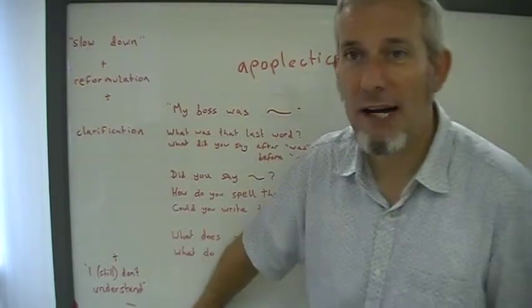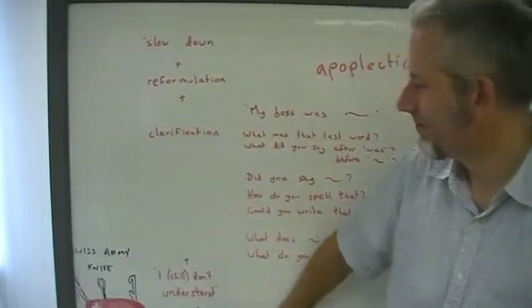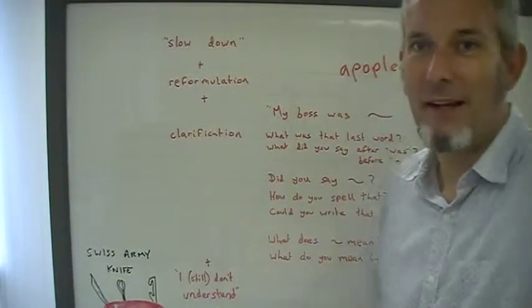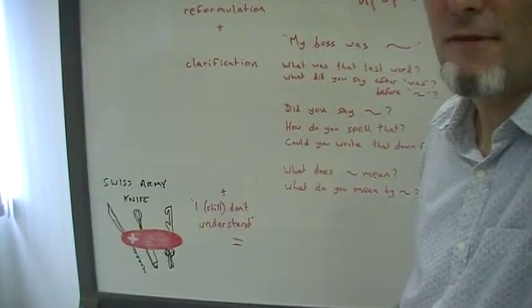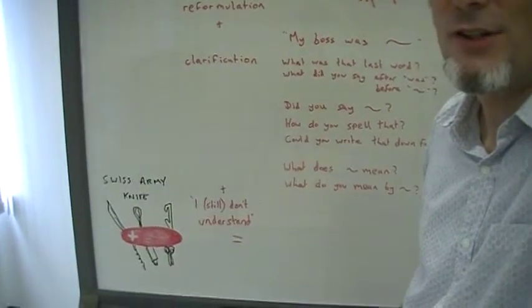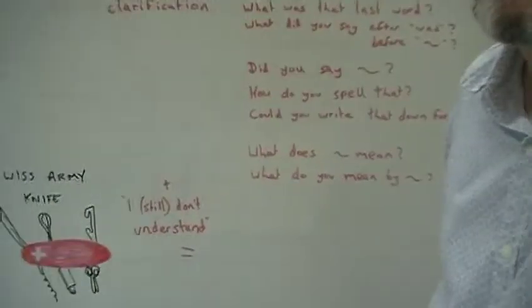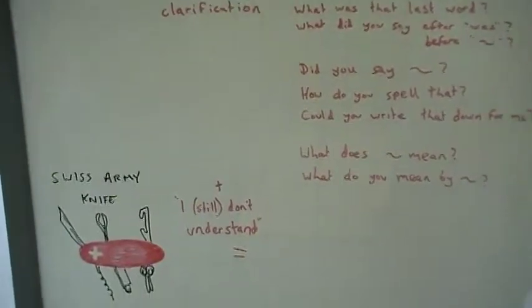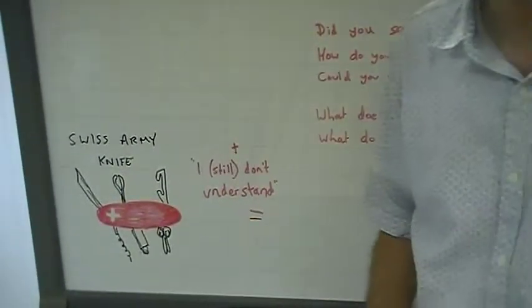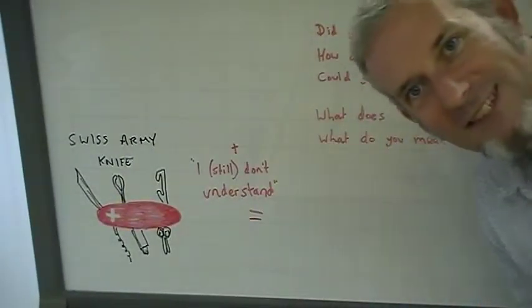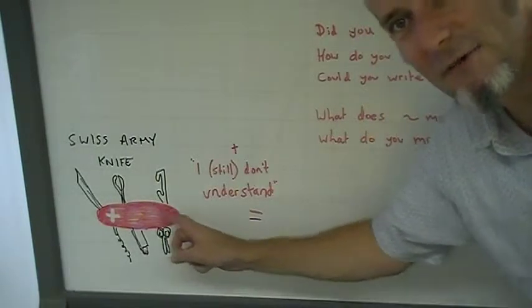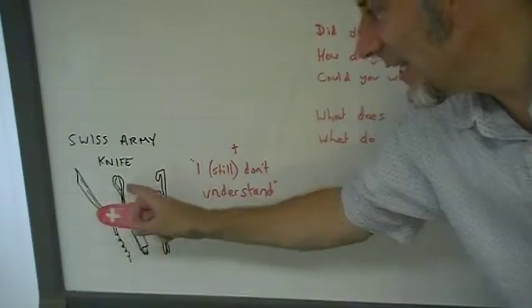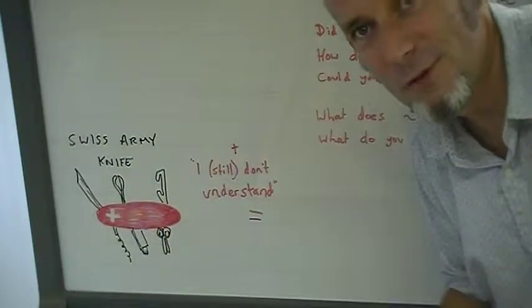And that's why I call this my Swiss Army knife of English. I don't know if you know about Swiss Army knives, but a Swiss Army knife is a red knife with many different useful tools.